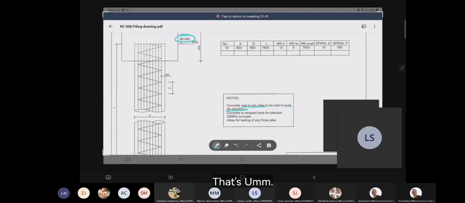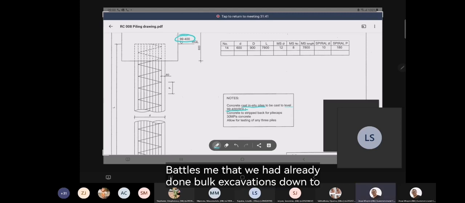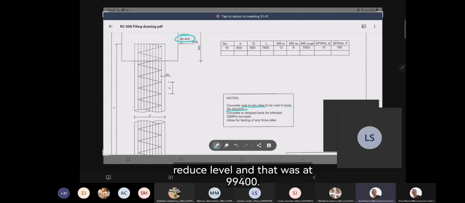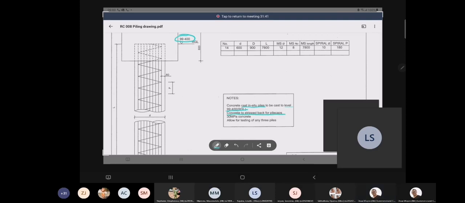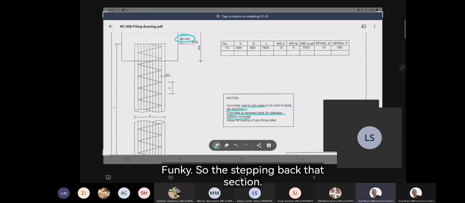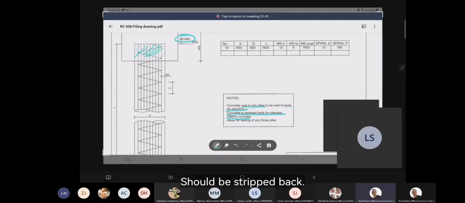That tells me that we had already done bulk excavation down to reduced level, at 99,400. It tells me that the concrete to be stripped back for the pile caps is 30 MPa concrete. So that section would be stripped back.